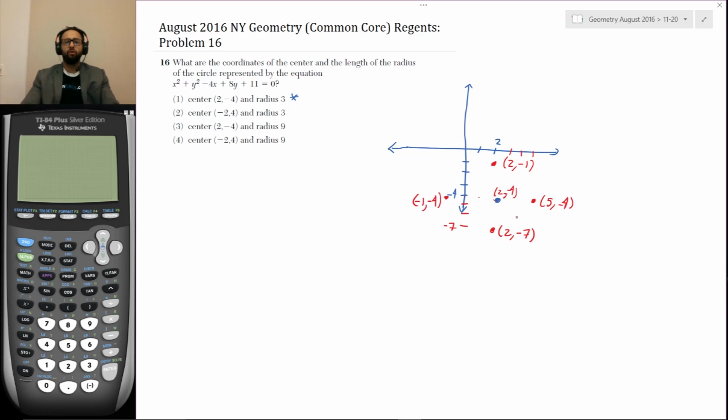And now there's only one possible answer to this question. It's not the best circle, but there's only one answer that will satisfy these 4 points. If choice number 1 is the correct answer, then you could plug 2, -1, 5, -4, 2, -7, and -1, -4 into the equation.